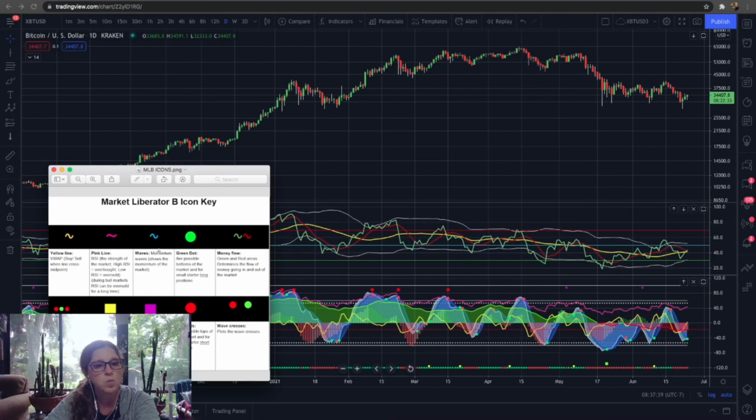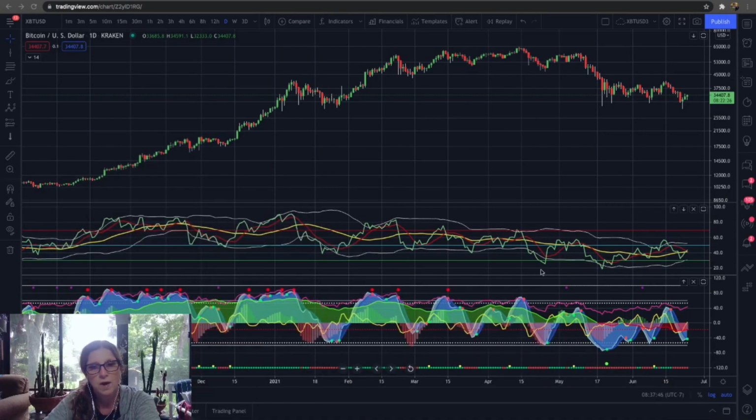The yellow wave momentums, okay? Let me explain those. So as you can see here, and I'm going to start over here, we have these blue waves and we have the white waves.